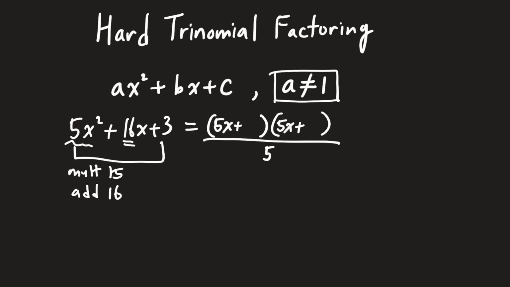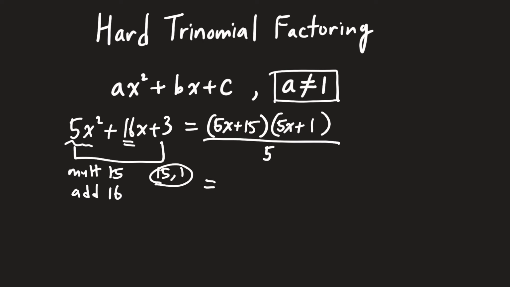What are those numbers? Well, it's 15 and 1, because 15 times 1 is 15. 15 plus 1 is 16. So that's the pair that I'm looking for. And what I'm going to do is just write 15 and 1 like this.